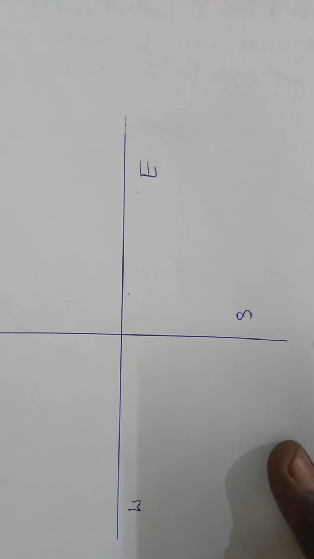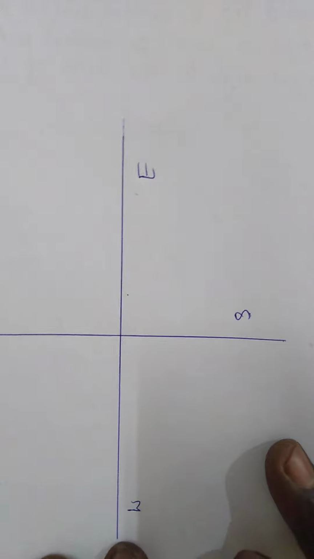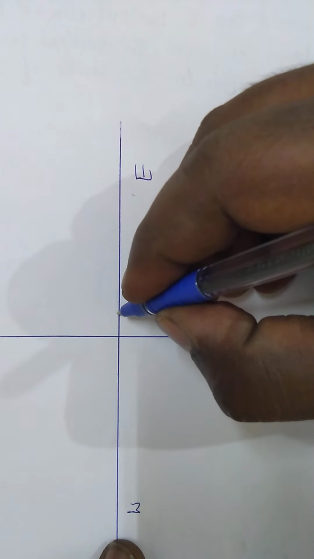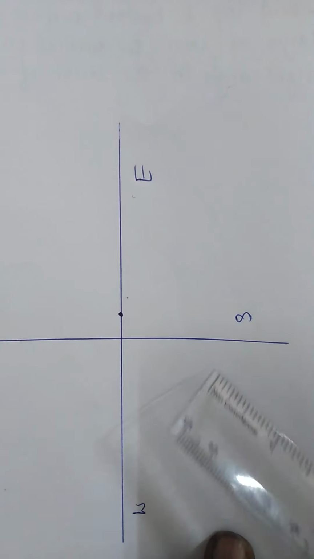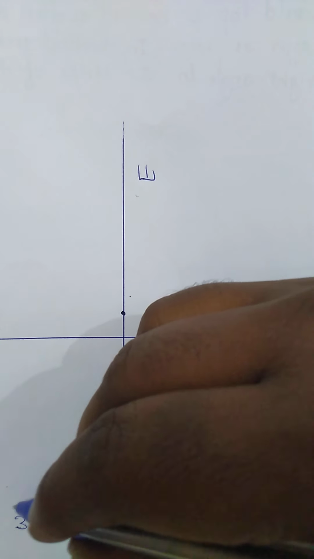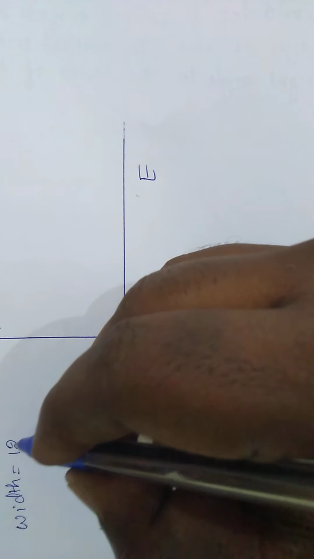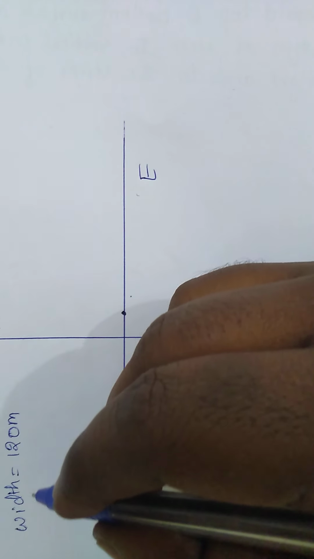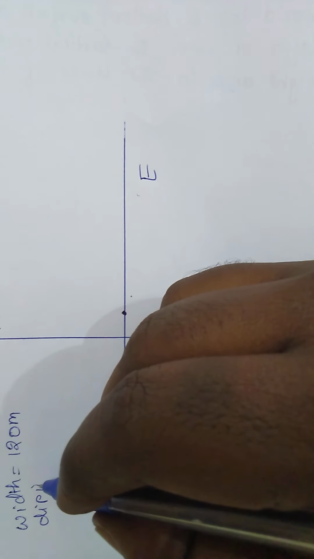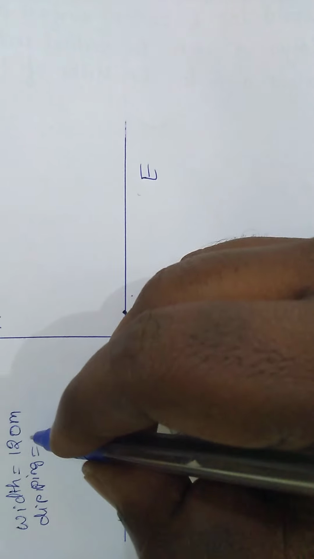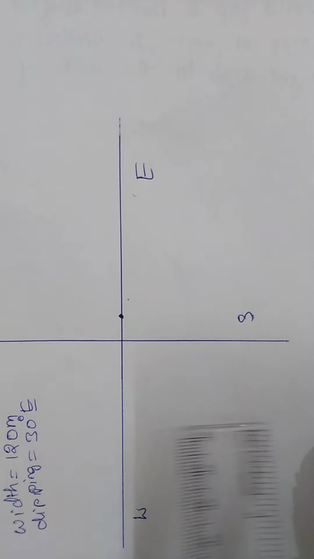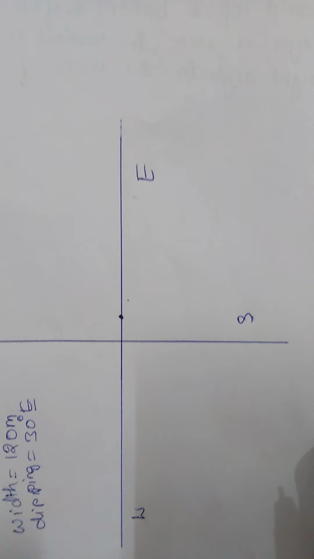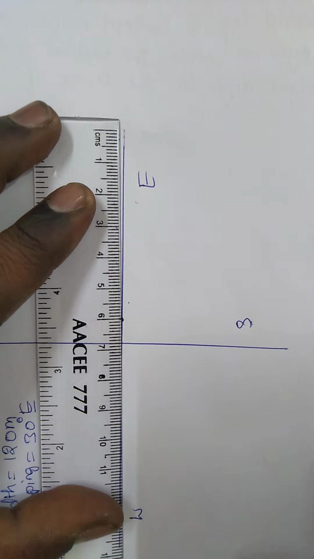Take this protractor and mark one point. Initially you are marking one point. From here you have to take 120 meters, the width of the outcrop. The width is 120 meters, and it is dipping at 30 degrees east.